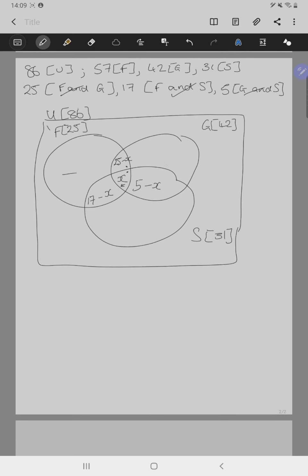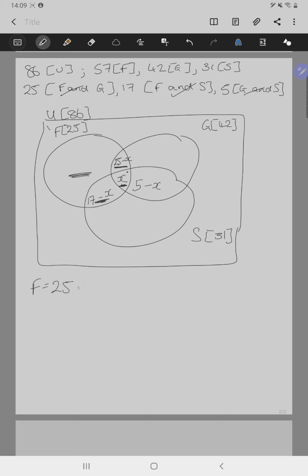Now we have to try to find the values that go into these three sections here. These parts can be a little bit tougher to look at. But take French: we know that in French there are 57 people in total. So everybody here, here, and here, they all have to add up to 57.